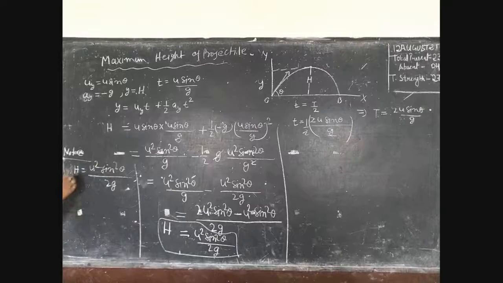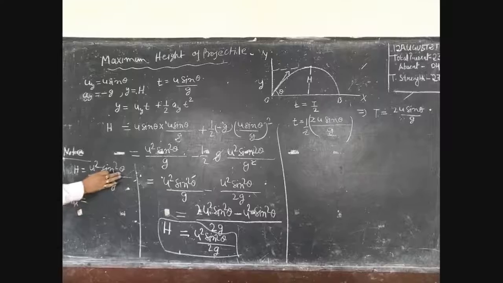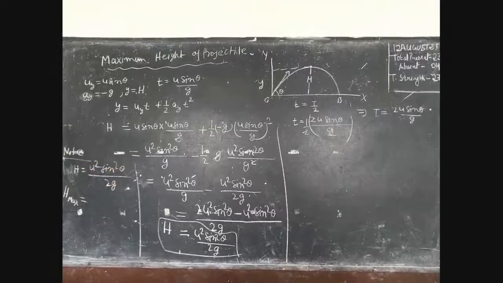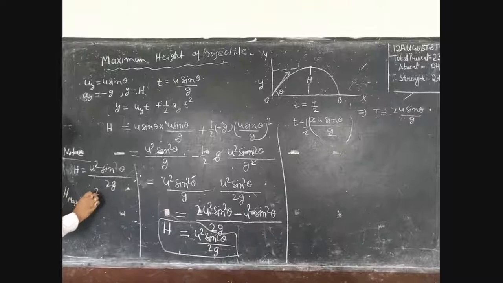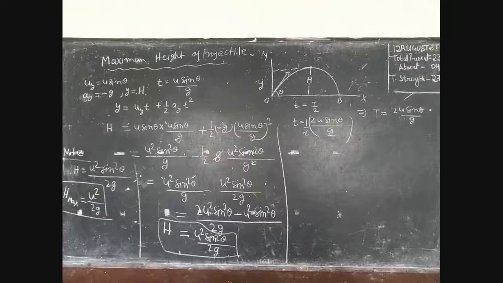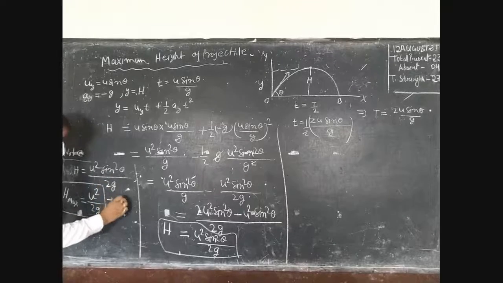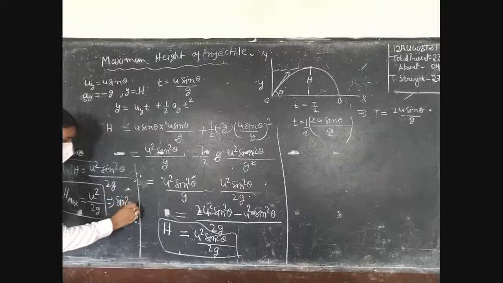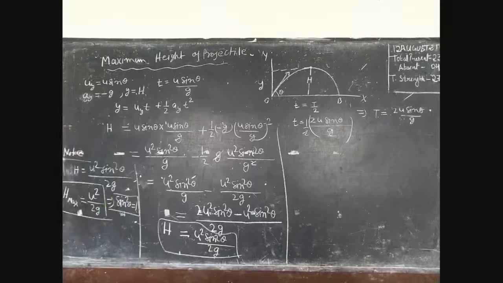So for h max, this sin square theta should be maximum. So this is equal to u square upon 2g when sin square theta is equal to 1. Clear?